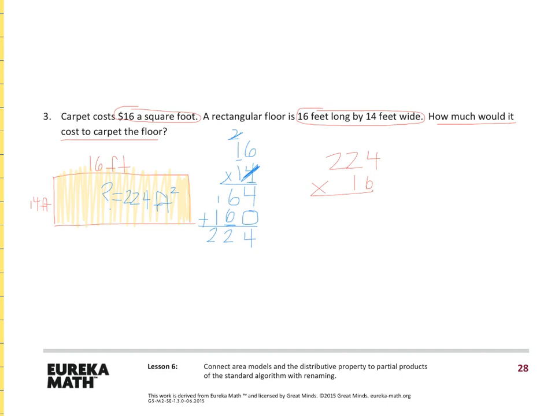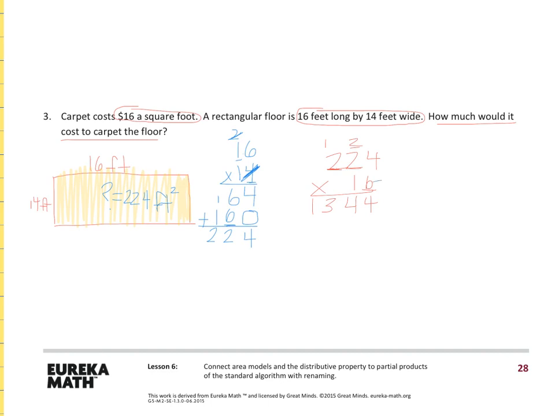So 6 times 4 is 24, so carry your 2, bring down your 4. 6 times 2 is 12, plus the 2 more up on top, that's 14. Bring down your 4, carry your 1 to the hundreds. 6 times 2 is 12, and then add 1 more, and that's 13. There's our first partial product.